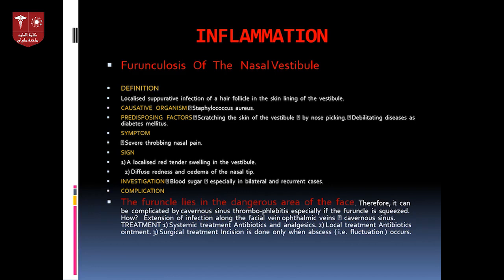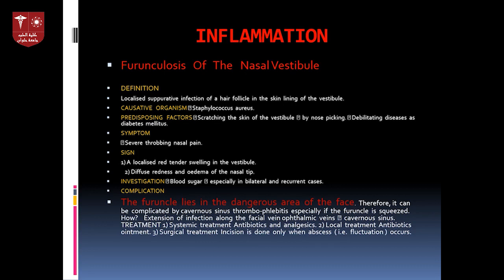Can it cause complications? Yes. Remember the dangerous area of the face. The furuncles lie in the dangerous area of the face. Therefore, it can be complicated by cavernous sinus thrombophlebitis, especially if the furuncle is squeezed. How to treat it?